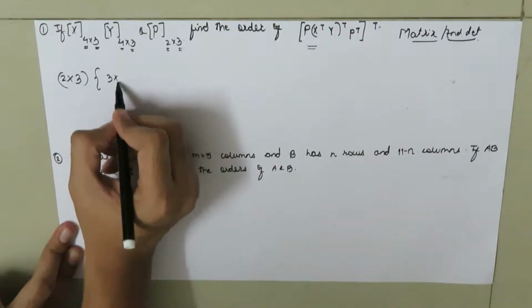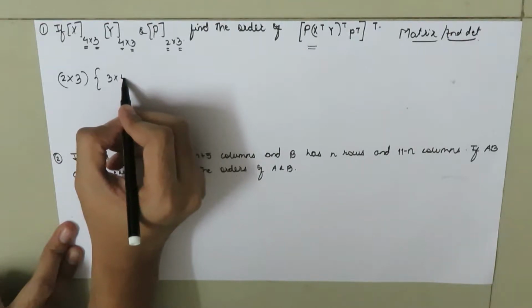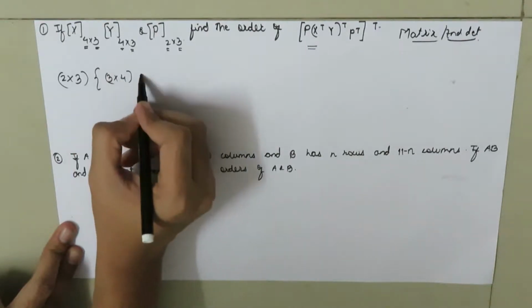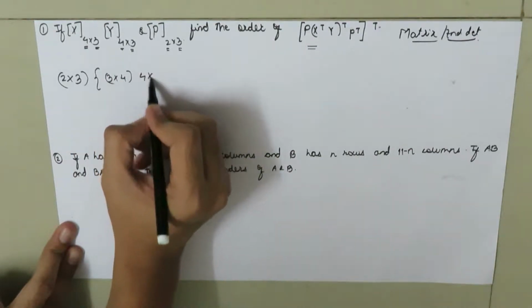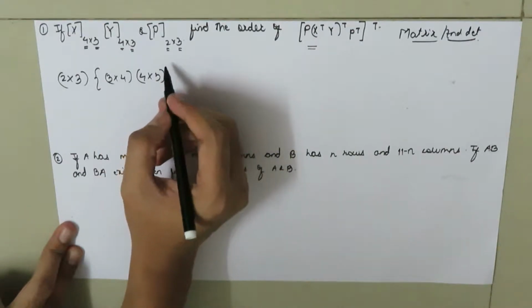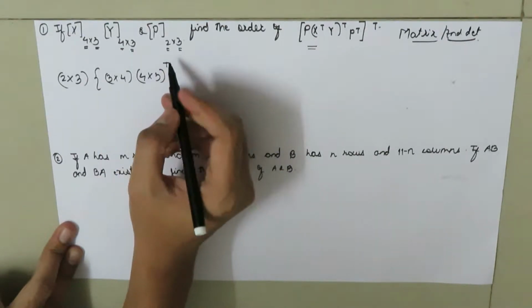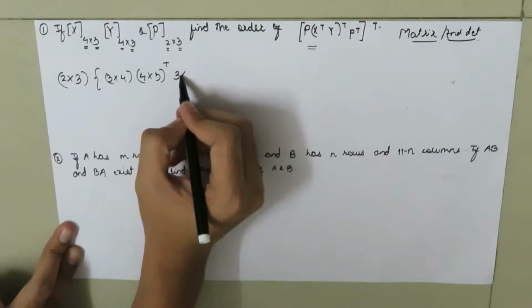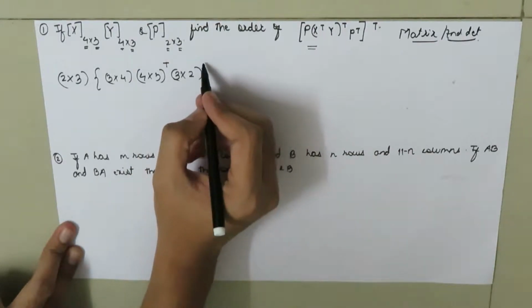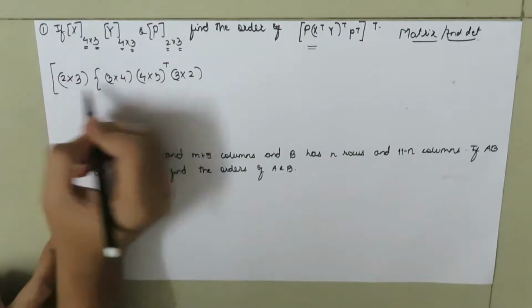So this will be 3 by 4 and y is of 4 by 3, and we need to take the transpose of this, and p transpose is a 3 by 2 matrix, and we need to take the transpose of this whole term.